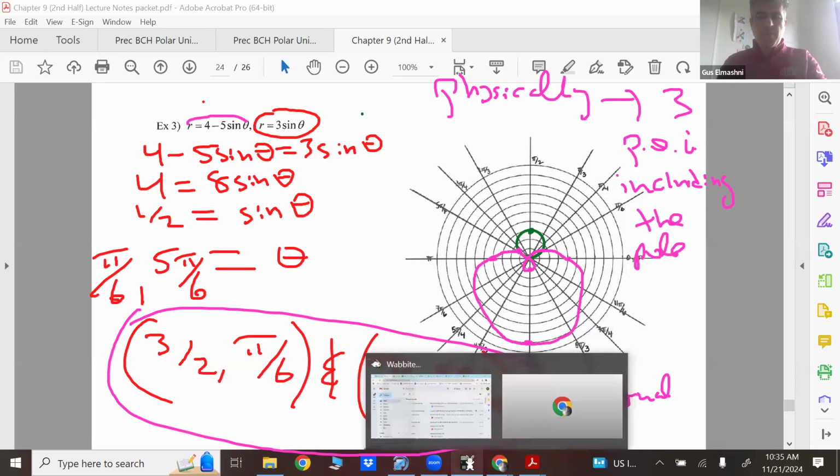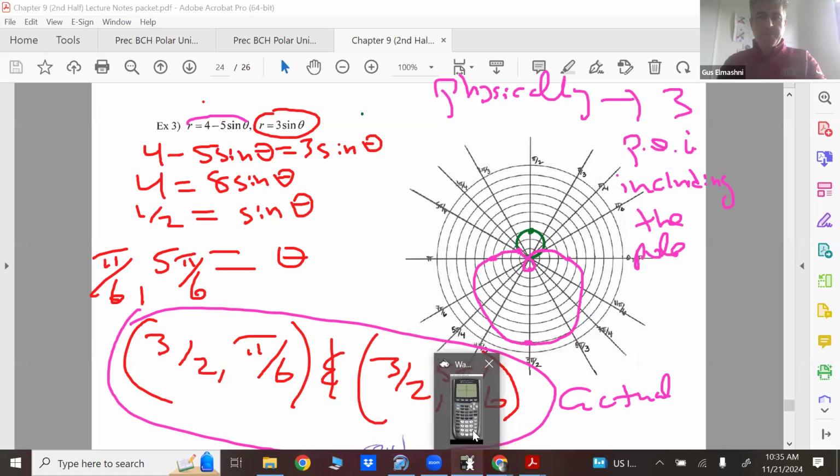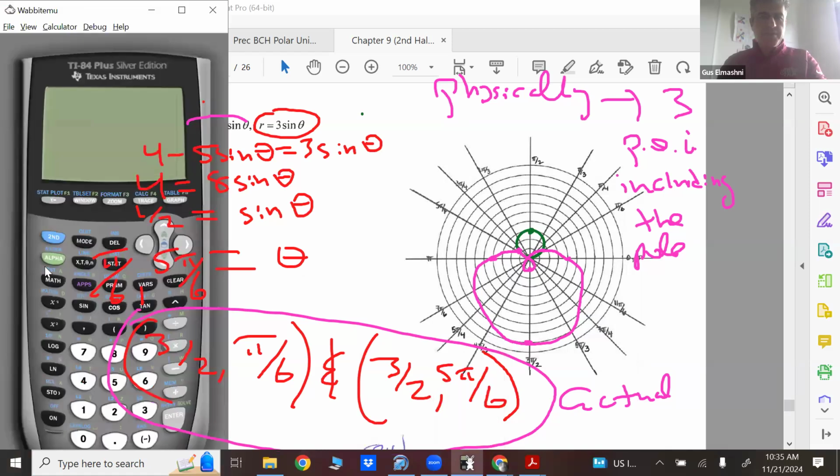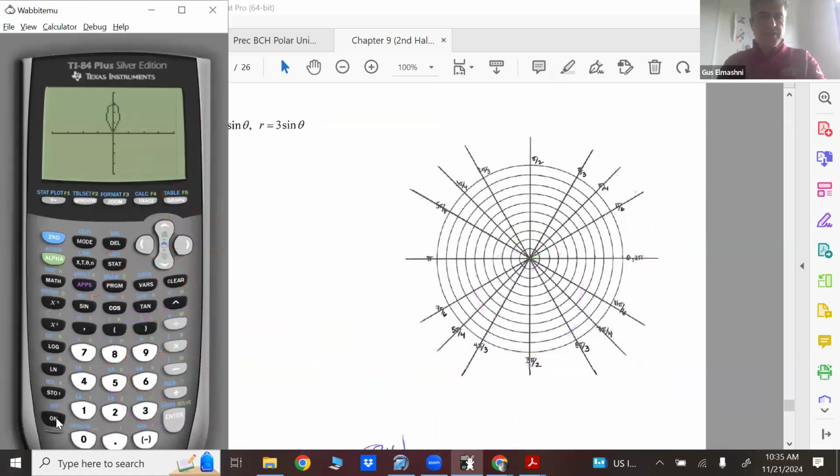Actually, let me do the graphing calculator. It might be better, because that's what you're going to have access to. So we'll do 3 sine theta. Wait, is it in radian mode as well?